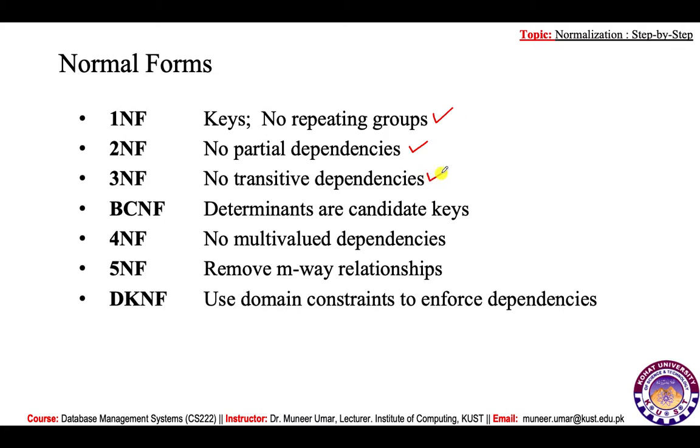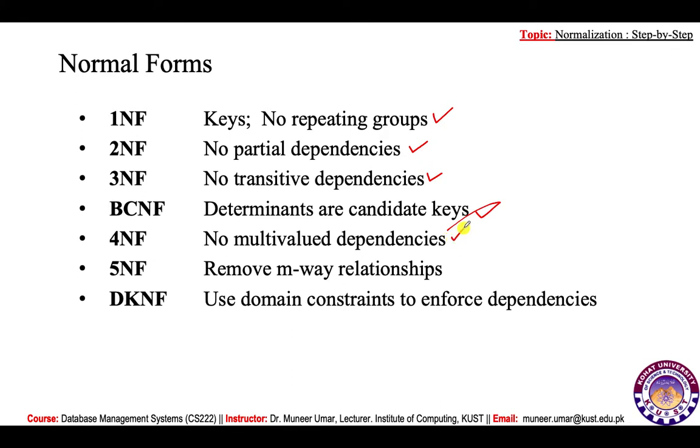In 3.5 or BCNF, we say that all the determinants are candidate keys. In fourth normal form, we look for multi-value dependencies. We check for many-to-one relationships among the attributes.